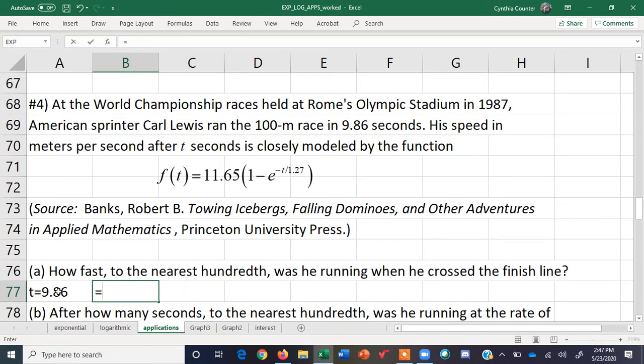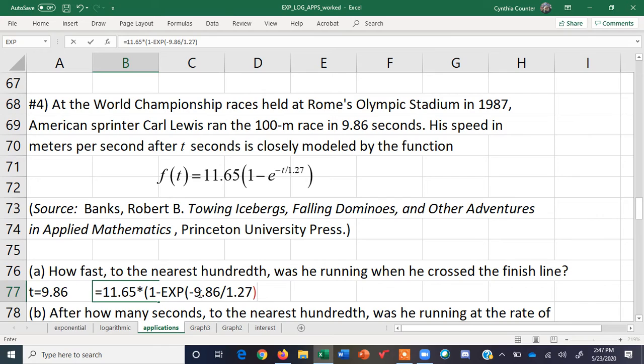And then here we'll write the formula: equals 11.65 times parenthesis, 1 minus, remember e is exponential, so this is like e to the power of negative t, and our t is 9.86, divided by 1.27, close the parenthesis.